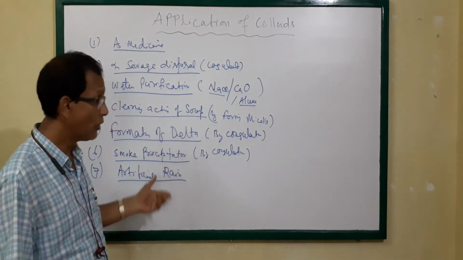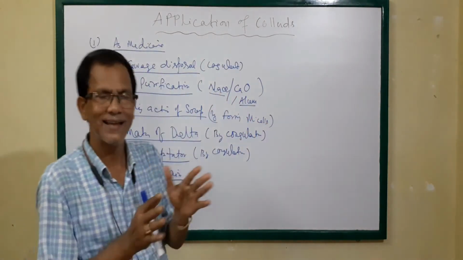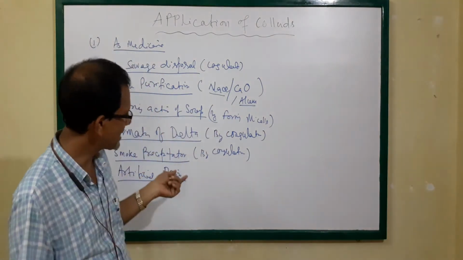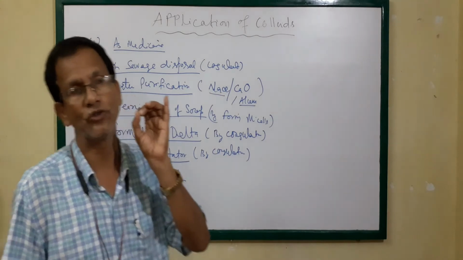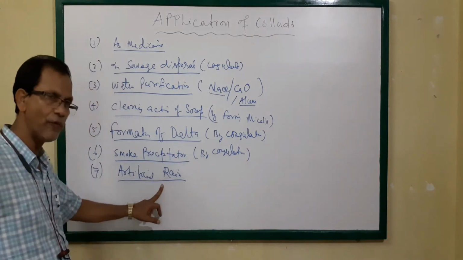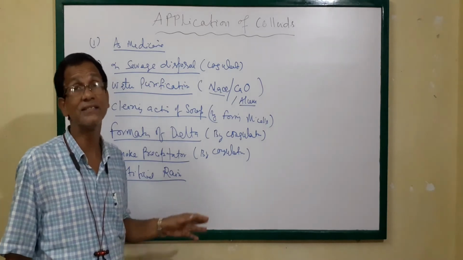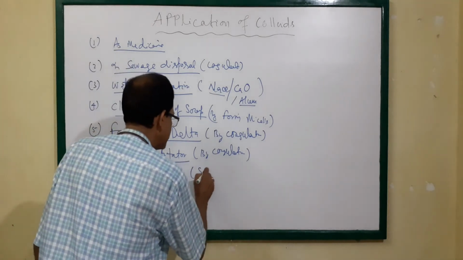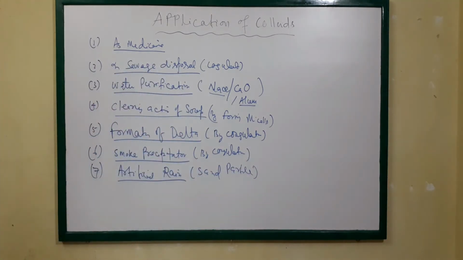When oppositely charged artificial sand particles, activated sand particles, are used, this activated opposite charge sand particle will coagulate the clouds. So the clouds will be converted to rain. So artificial rain can be produced by the coagulation of clouds by charged sand particles.